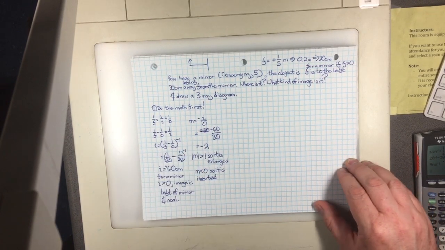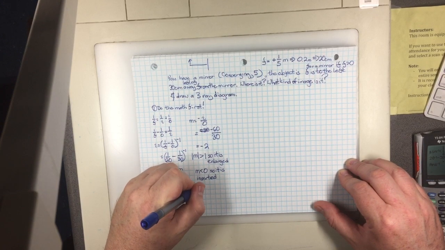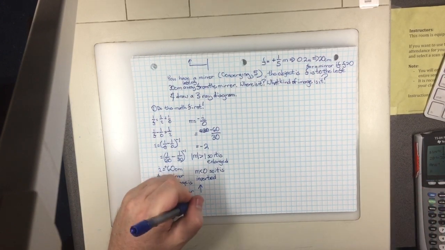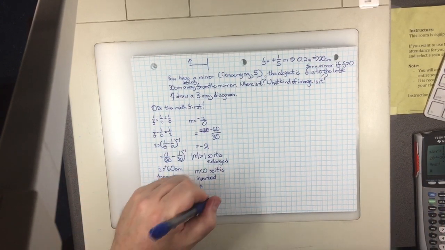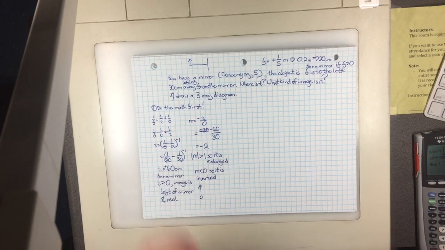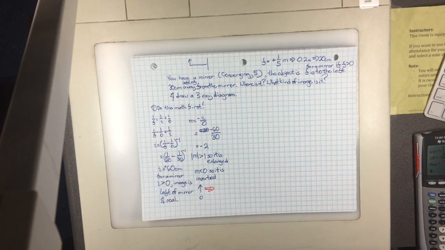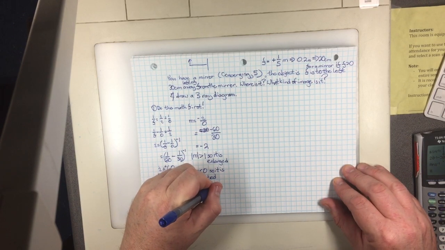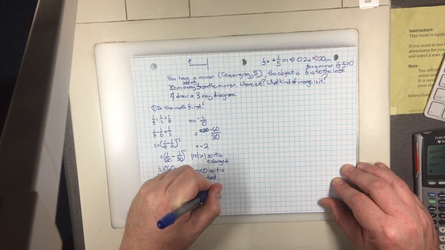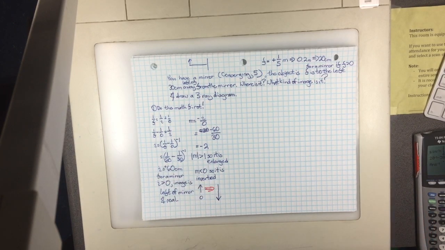So what's going to happen is that we're going to draw an upright arrow as the object, and this changes physically. The image isn't to the right, but I'm just showing you what it looks like. Physically, the image will increase in size, and the image will appear upside down.